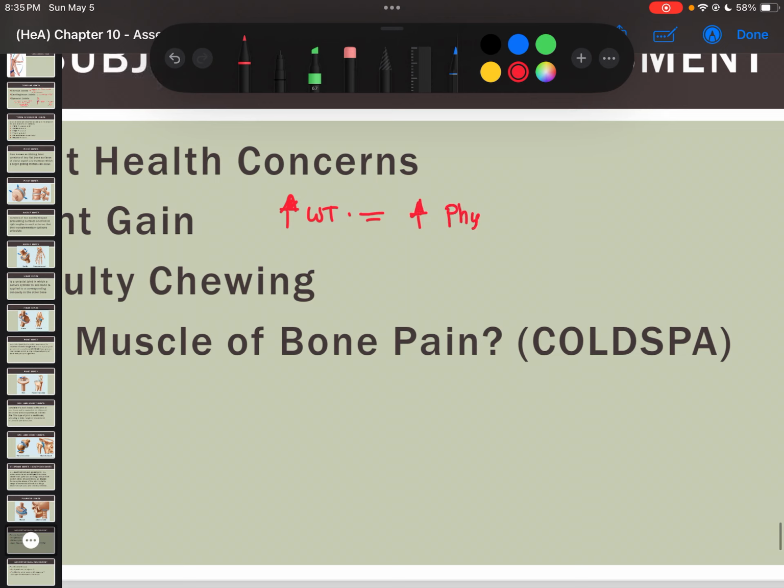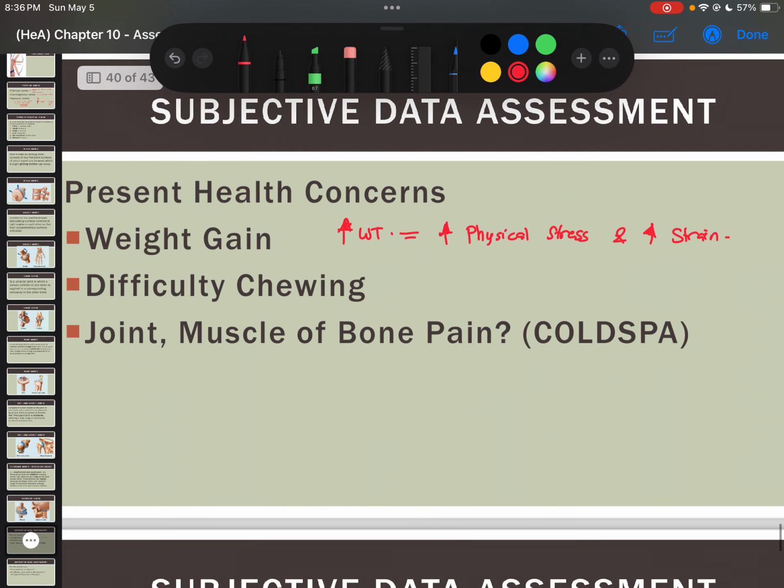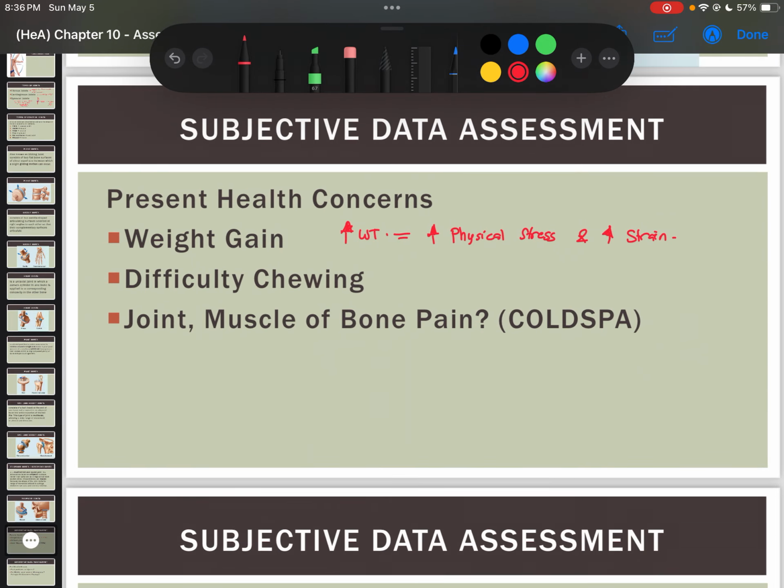Listen. Obviously, when you are heavier, it will be more stressful, especially around your joints, and there is increased strain. Not muscle strain, strain as in use. So we have to ask them, especially about weight gain that is very sudden.